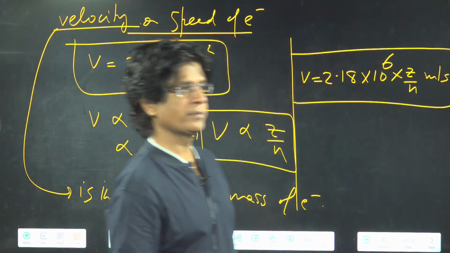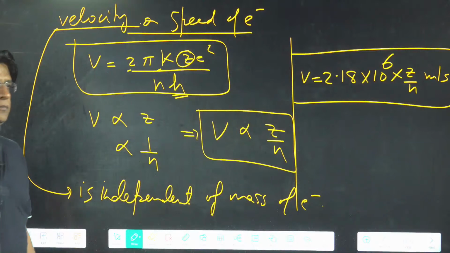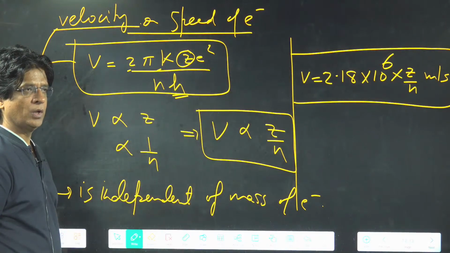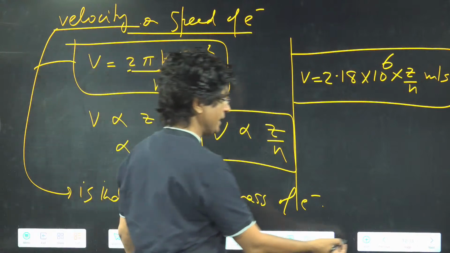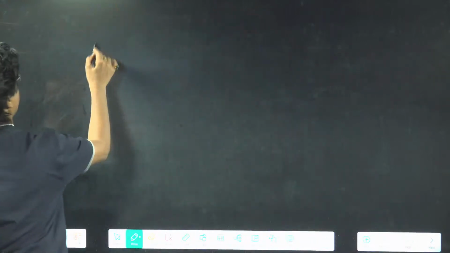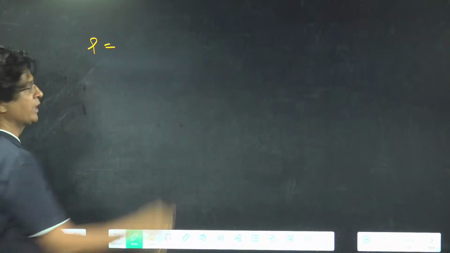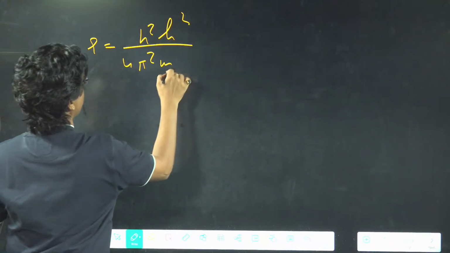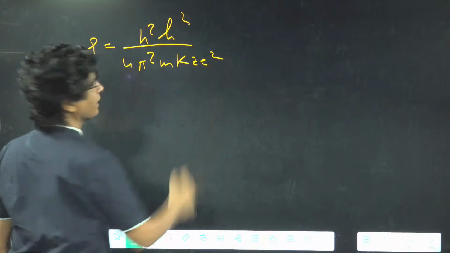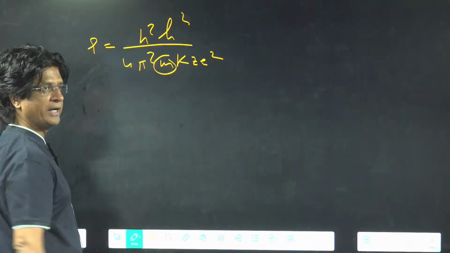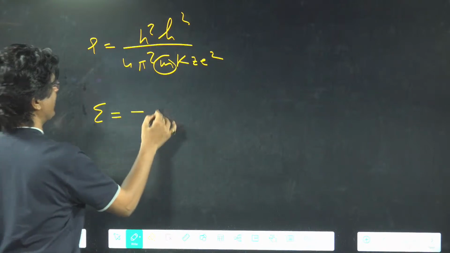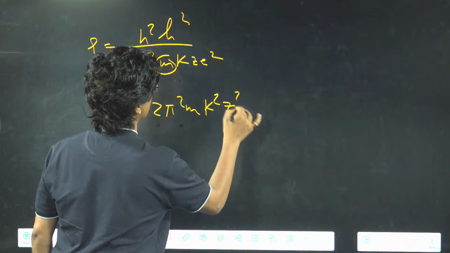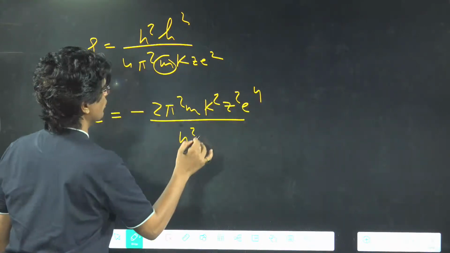Very, very important, bacho. Are you getting it? Over here, there is nothing like mass. While in radius, I taught you that radius was n square h square upon 4 pi square m k Ze square. So m is there for radius. With respect to energy, it was minus 2 pi square m k square Z square e to the power 4 upon n square h square.